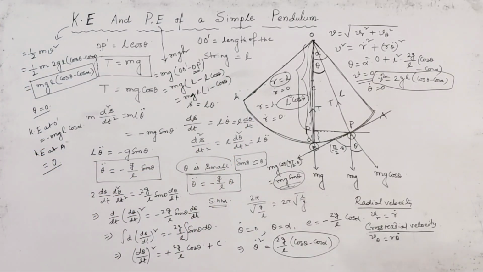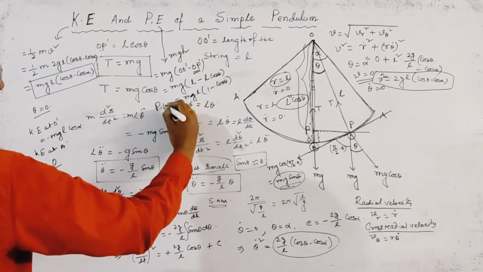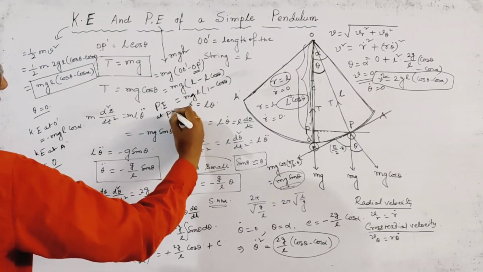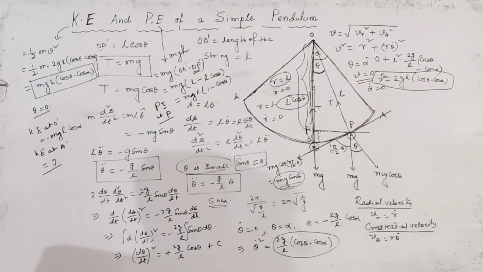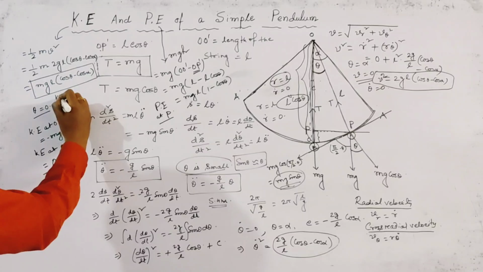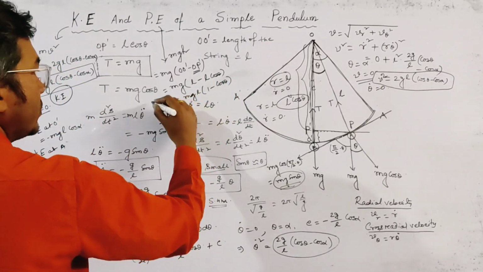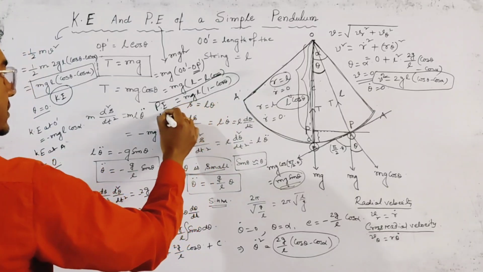So the potential energy at P is given by this. This is the kinetic energy expression, and this is the expression of potential energy.